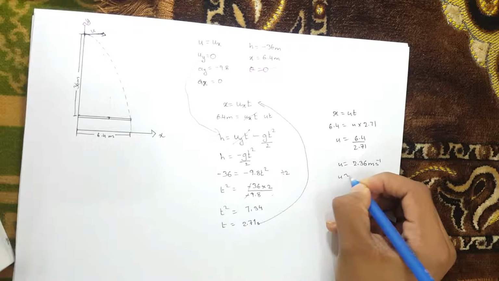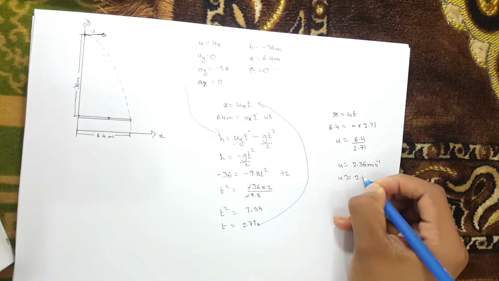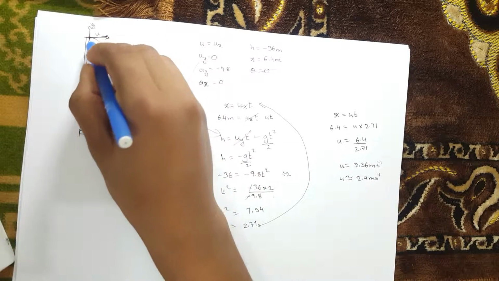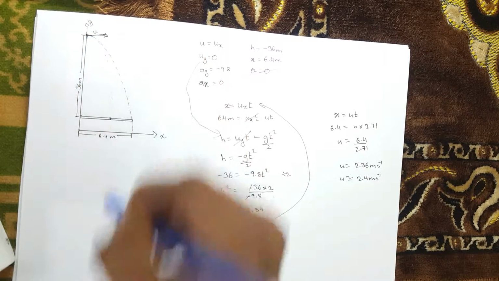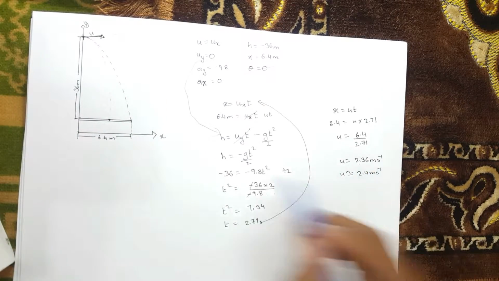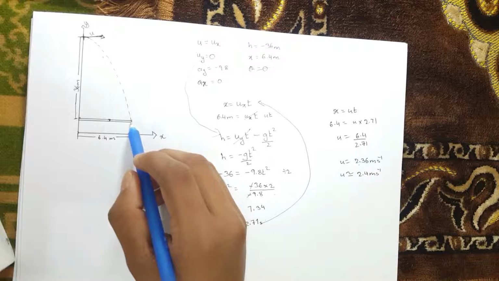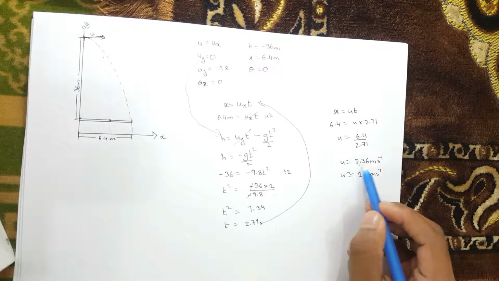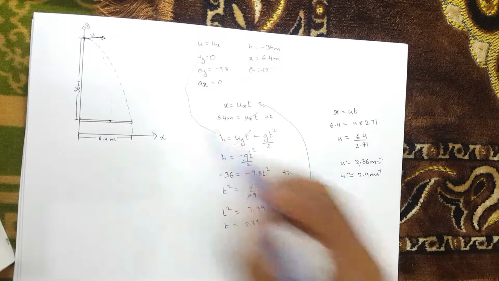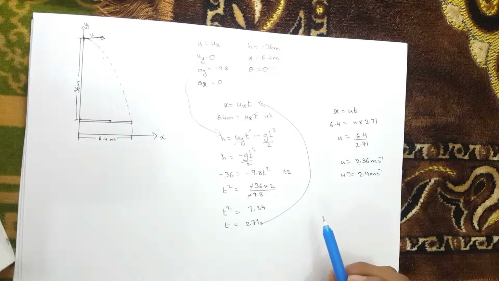I'll approximate this, and there's a good reason, because they said they want the minimum velocity required to clear this zone. So 2.36 is what's required to hit this thing. If you round it to 2.4, it's what's required to clear that thing, and hopefully the man doesn't die if our calculations are right.